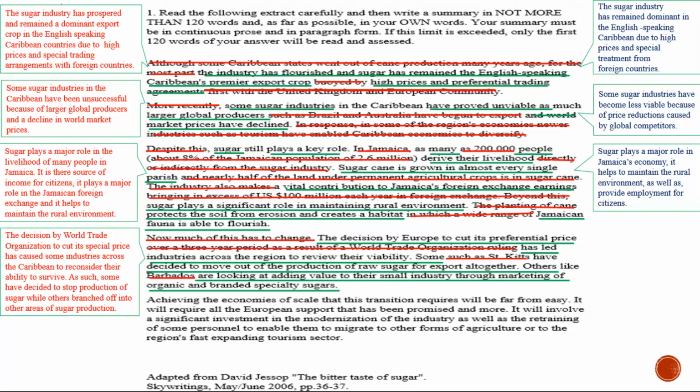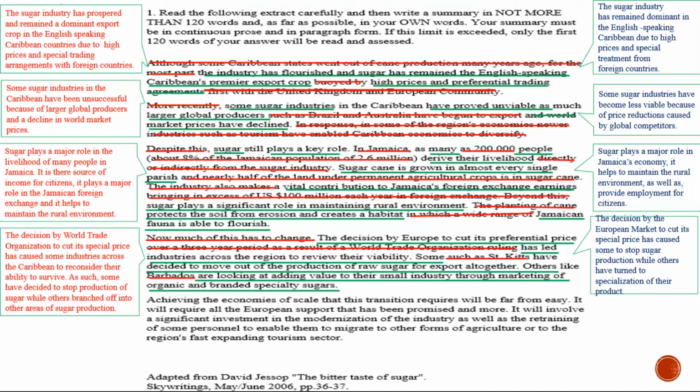Now that we have the paraphrase version, let us write our summary of the paragraph. The summarized version of the paragraph says, the decision by the world European market to cut its special price has caused some to stop sugar production, while others have turned to specialization of their product.